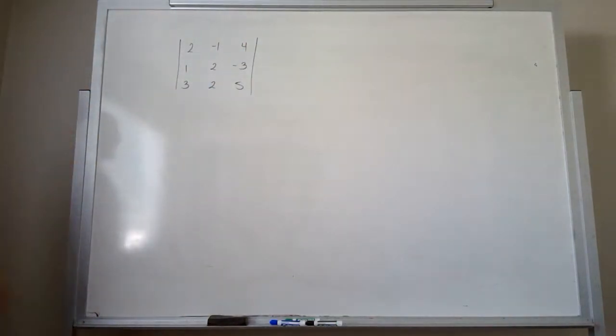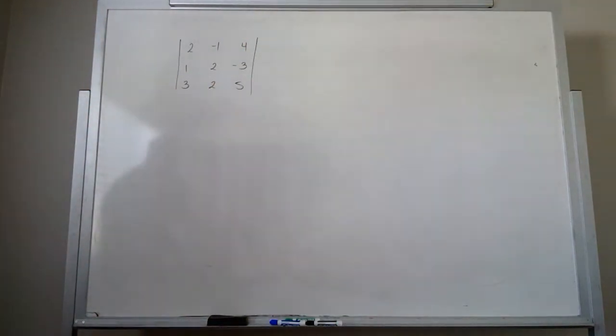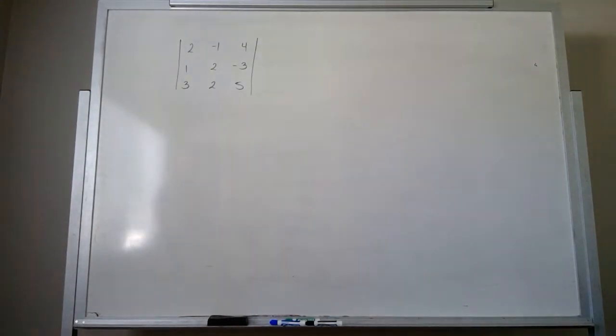Some different numbers in there. All right, so I've got a 3 by 3, 3 rows, 3 columns: 2, -1, 4, 1, 2, -3, and then 3, 2, 5.